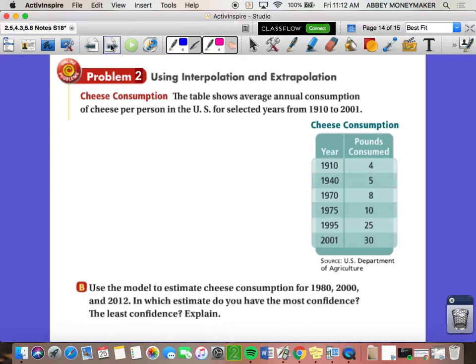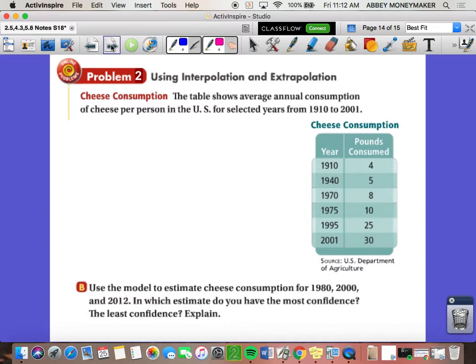Now, how many points do we have here? We got 6. So, do we want to start with the linear? Probably not, right? Let's start with the highest, because as we saw in that milk problem, wasn't the quadratic better? Yeah. So always start with your highest regression to run. Because once you get that correlation coefficient of 1, buddy, you're done.